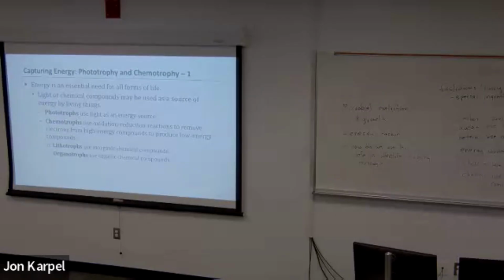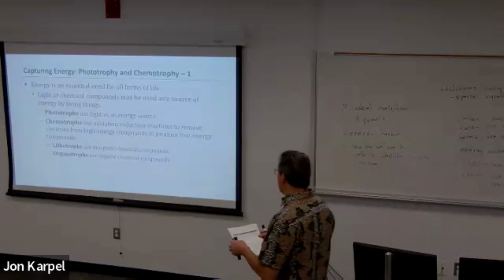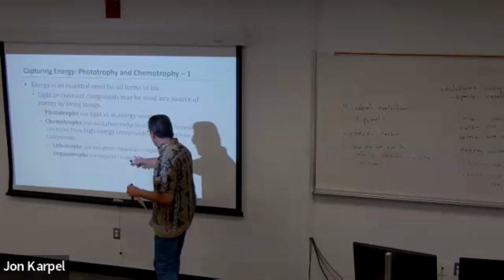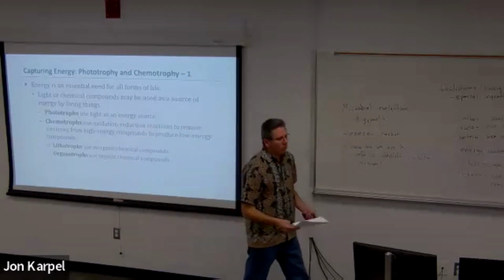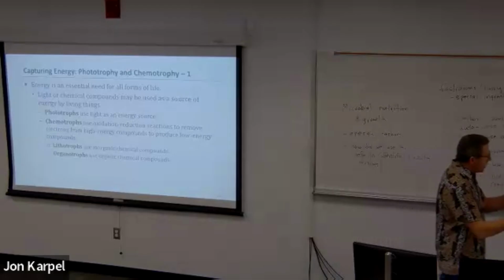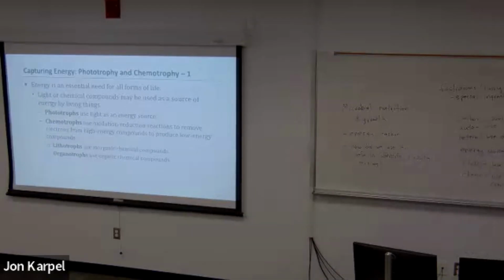And then the litho and the chemo can be kind of confusing. So you just remember those are referring to the actual chemical compound that they're using, okay? So what's going to happen on the exam? I'll either give you a word, make you define it in terms of energy source and carbon source, or I'll do the other way around.